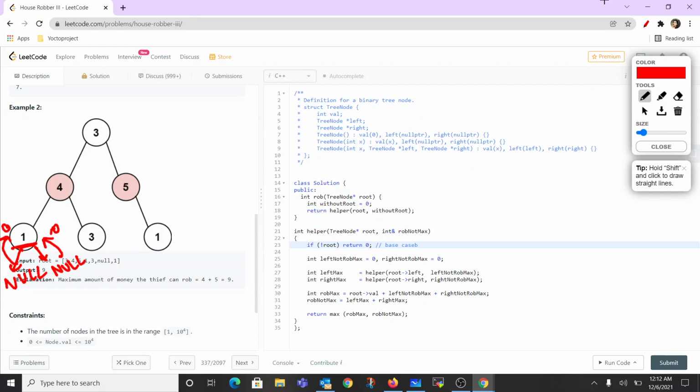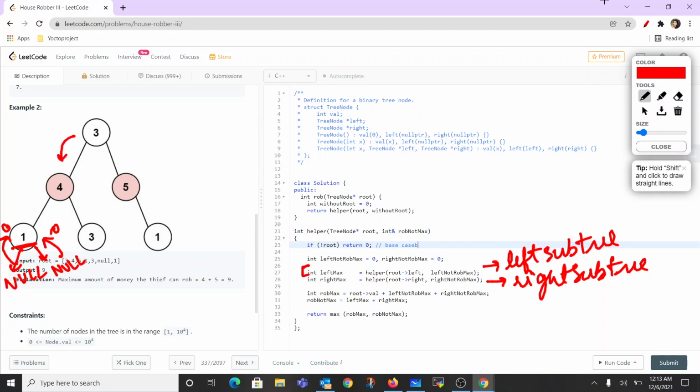Then this is for the left subtree, and this is for the right subtree. Due to the left subtree call, it will go towards the left side, and when it comes back after hitting the base case, then the right subtree function would be called.